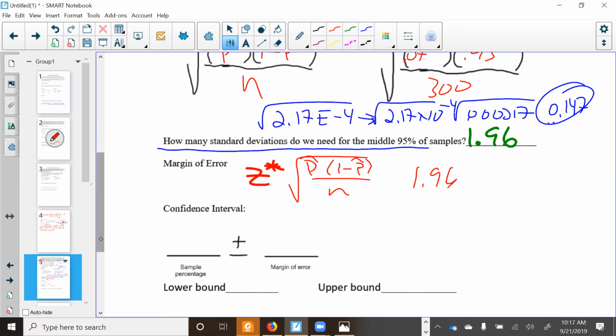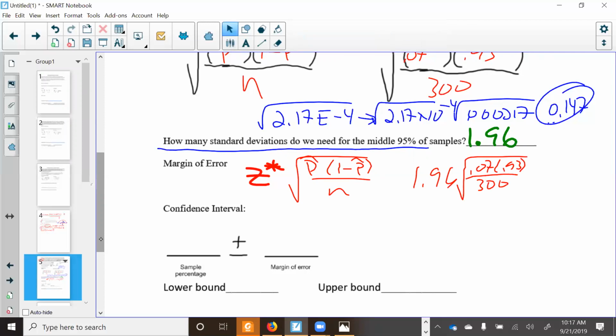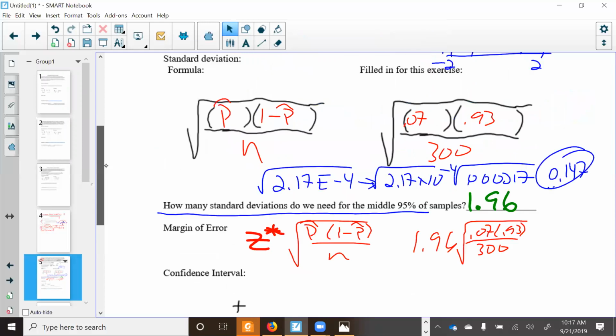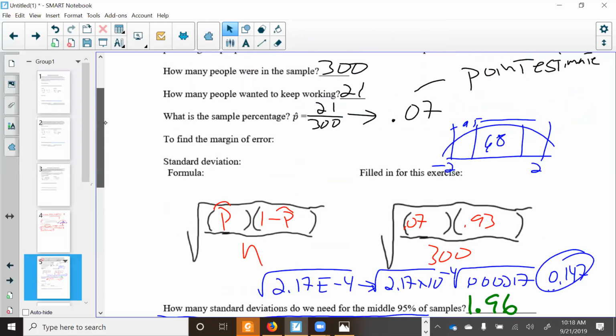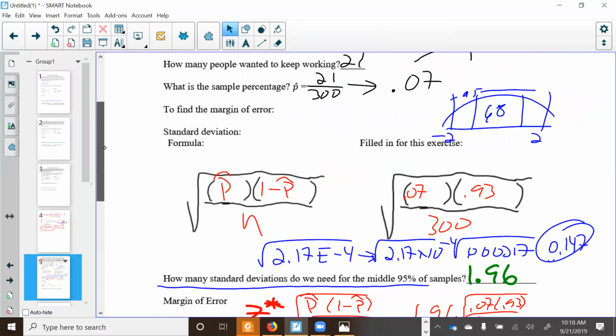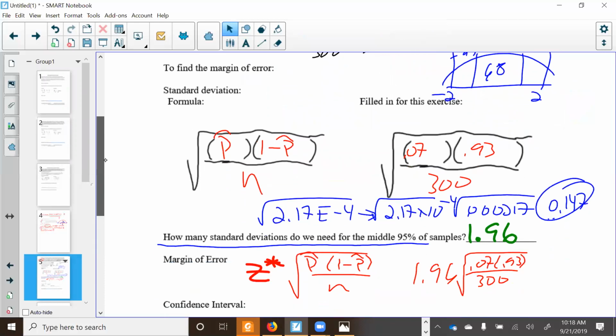So we've got 1.96. And didn't we already find the standard deviation for this? Because it's going to be 0.07 times 0.93 over 300. I think we already found that, didn't we? Let's see. That's right there, 0.0147.